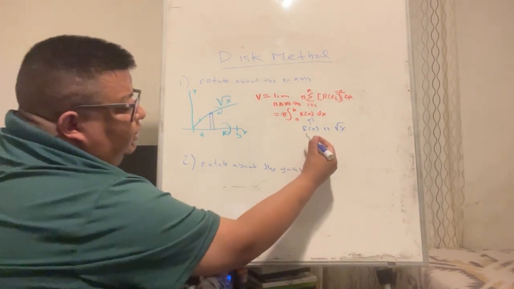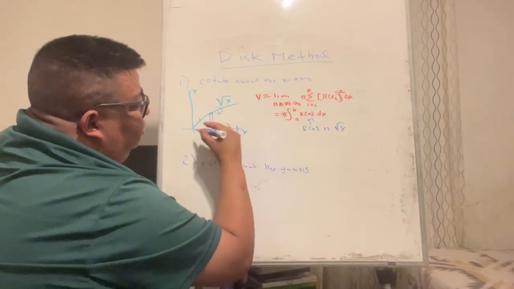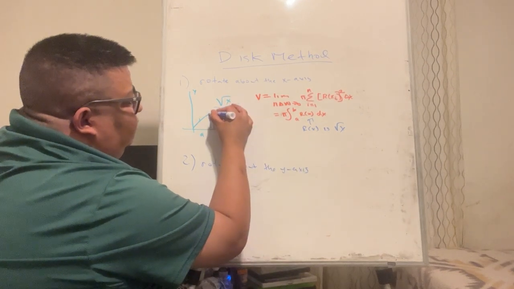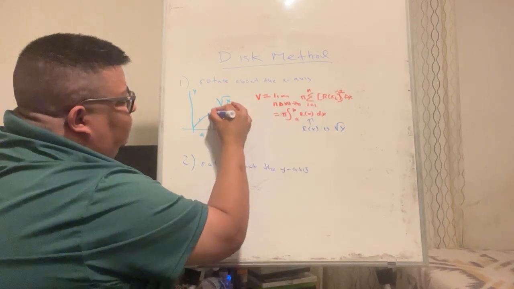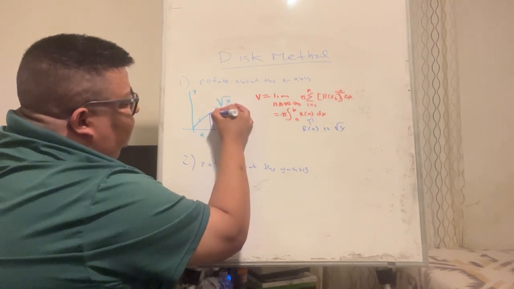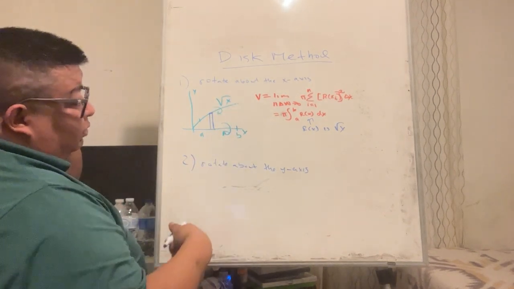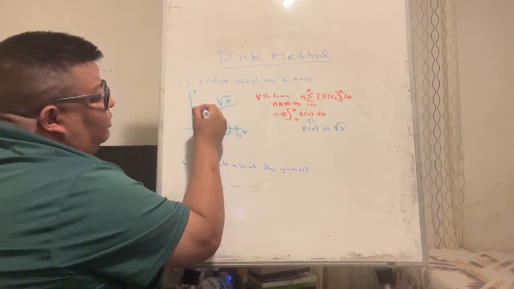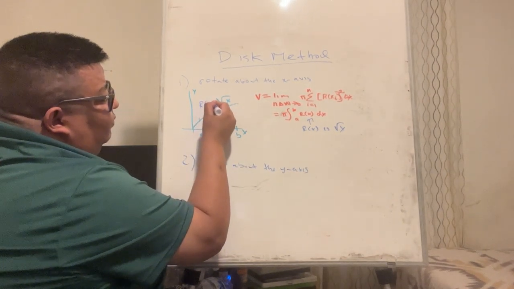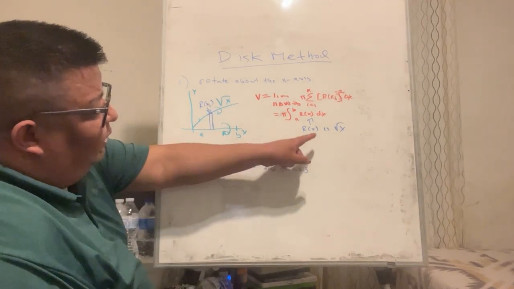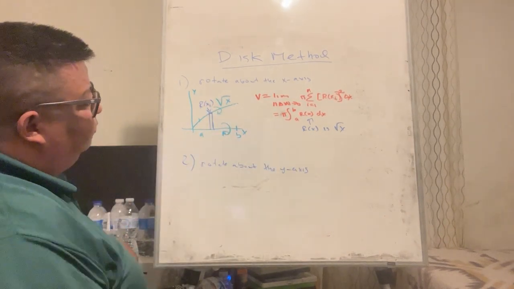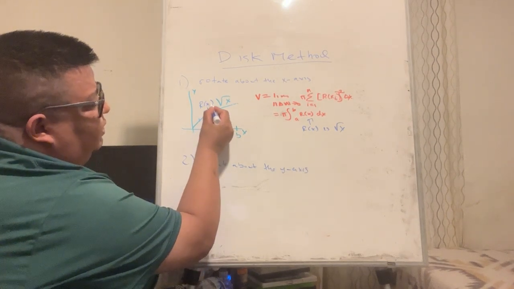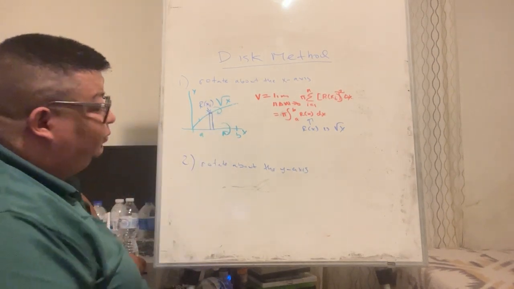The R(x) is, in this case, the square root of x. So R(x) is always going to be the height of your slab. In the case of the x-axis, it's going to be your height. So the height is your R(xi), or R(x) if you're using the integral. R(xi) means that you're dividing this into pieces, and one little piece is called the ith piece.